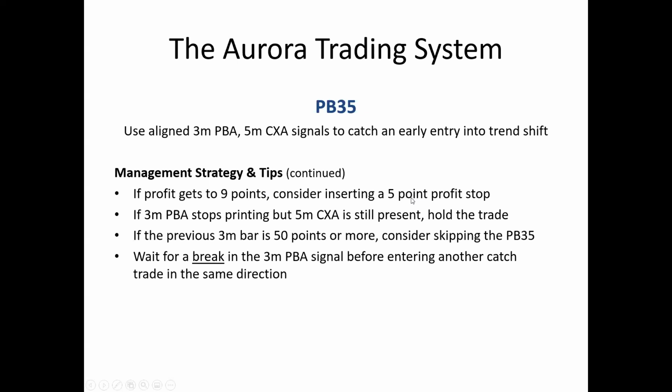That guarantees us 5 points of profit, and I'll usually insert the 5 points of profit off of my fill, not a bar open. And that just ensures that, if it never moves that extra 1, 2, or 3 ticks to give us 10 points, you're not left holding the bag with a loss.